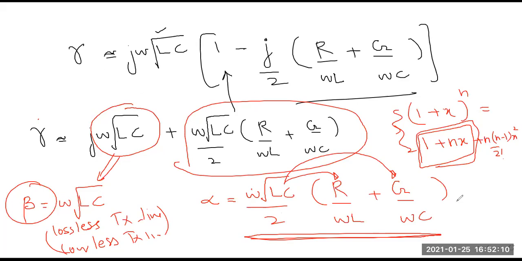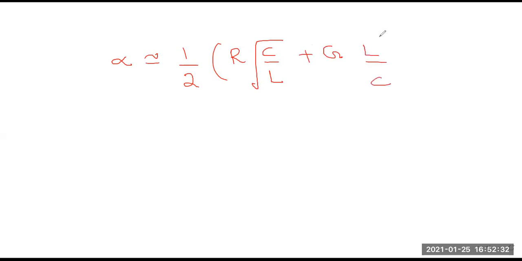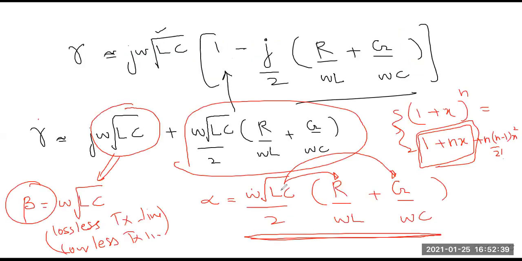So alpha is going to be approximately equal to 1 by 2 times R times square root of C by L plus G times square root of L by C. When you multiply these two terms, 1 by 2 is a constant factor, so I have taken it outside.